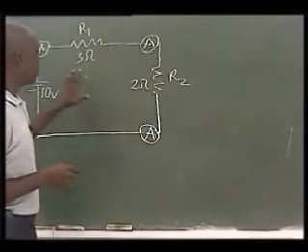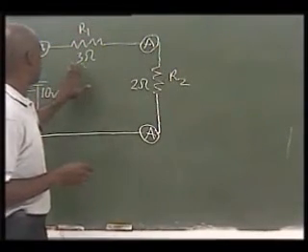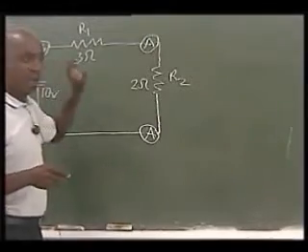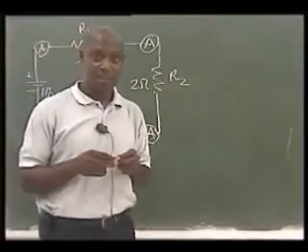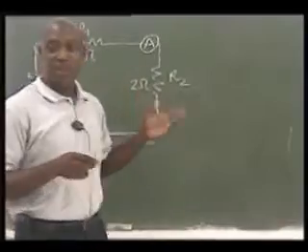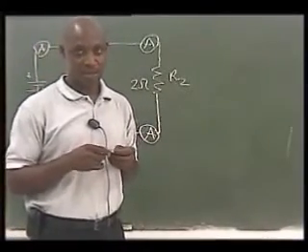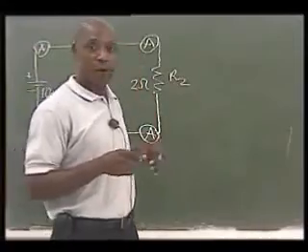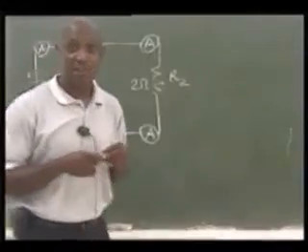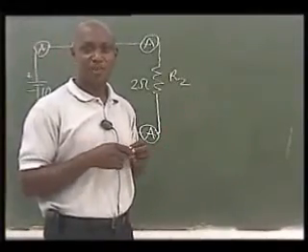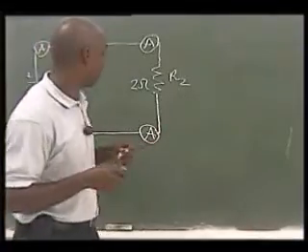Now, in order to find the currents and different voltages in the circuit, the first thing we are going to need to do is to find the total resistance. Finding total resistance in a series circuit can be done very simply with a very simple formula.